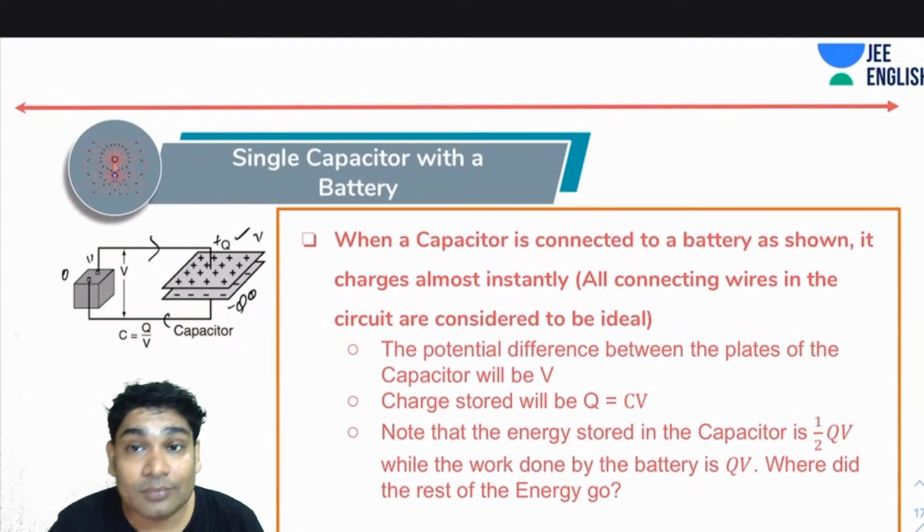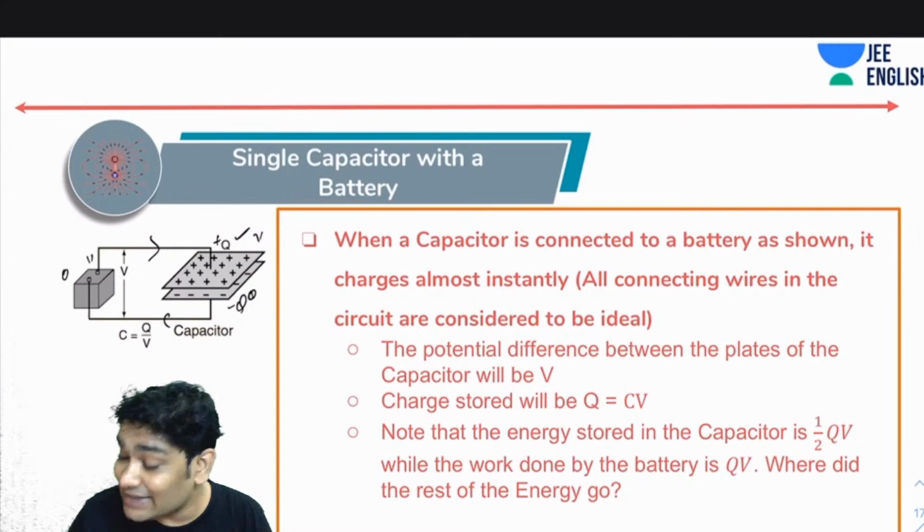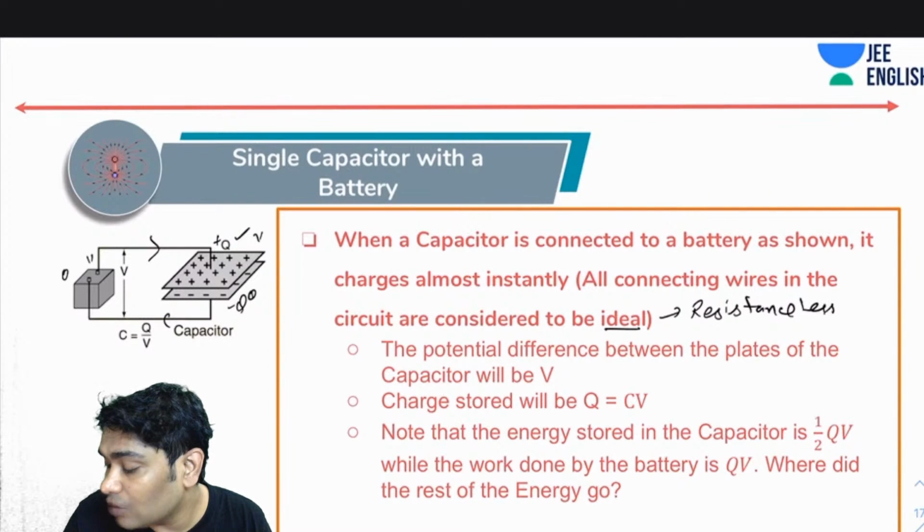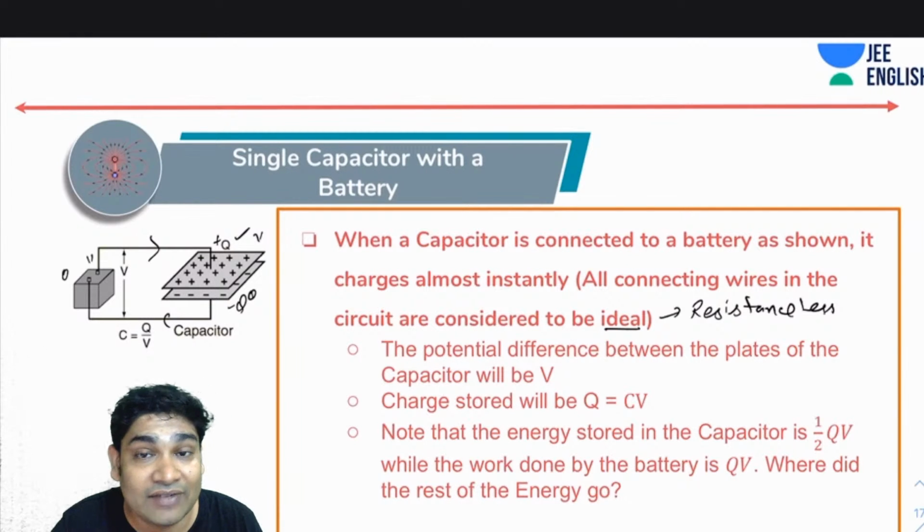Obviously the assumption here is that all the connecting wires of the circuit are ideal. Ideal means resistanceless. I've considered that no connecting wires have any kind of resistance.